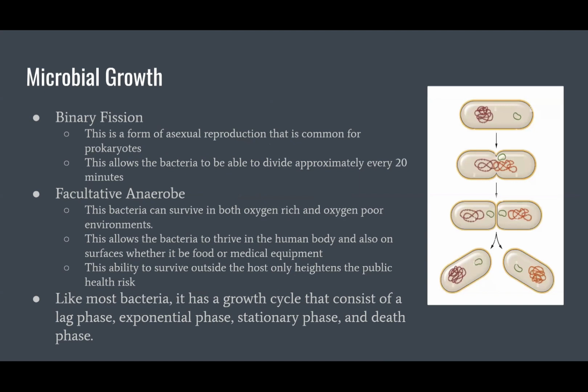So this E. coli strain reproduces through binary fission and can double every 20 minutes under ideal conditions. Like other bacteria, it follows a four-phase growth curve. In the lag phase, cells adjust to the environment and prepare for division. During the log phase, rapid and exponential growth occurs, and the bacteria are most metabolically active.